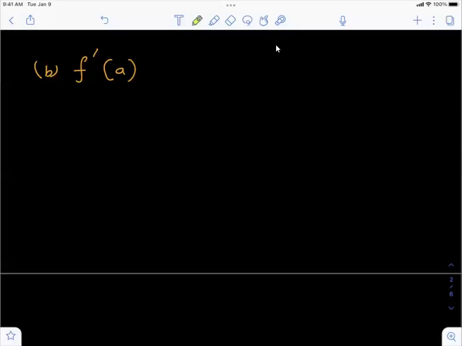To do that, let me use the definition. The limit as x goes to a of f of x minus f at a, divided by x minus a.